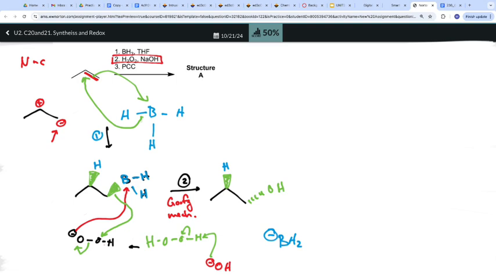Let me think about that. It's a hard one. Well, it shouldn't be dashed because it's not what we filled. It has electrons there, the boron. So there's our carbon, there's our boron, there's our negative oxygen, there's our OH.